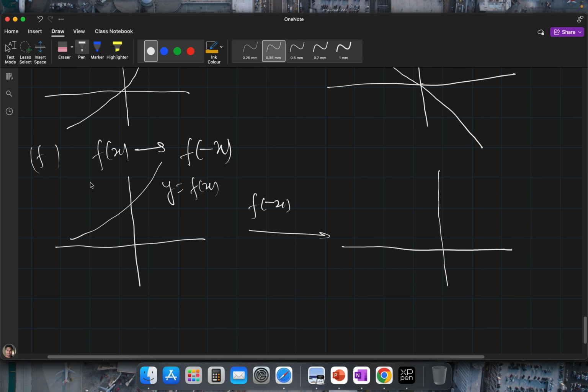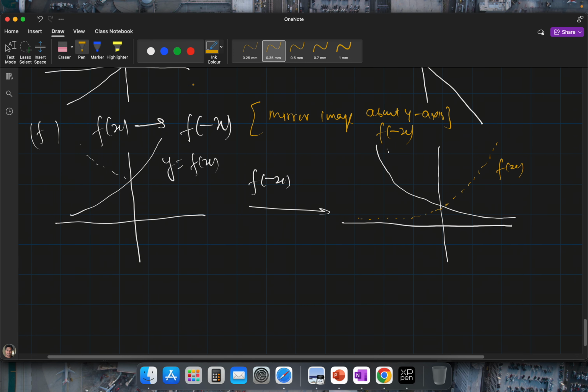Earlier it was like this, now it will be like this. This was f(x), now this is f of minus x. So which means the mirror image about the y-axis.